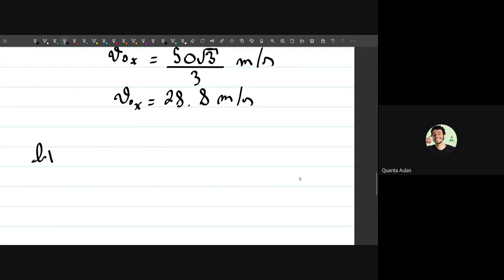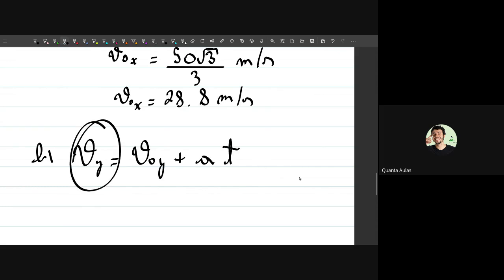But you will need to use the Pythagorean theorem. But first, let's obtain the velocity in y. We need to know this first.